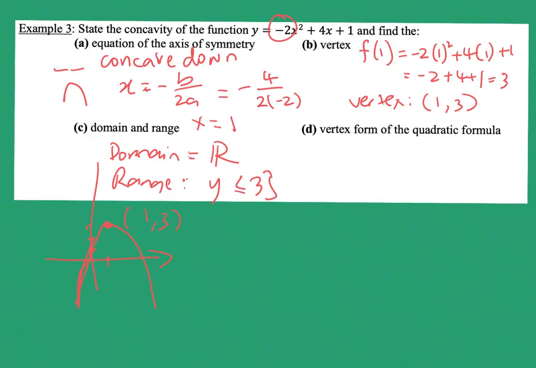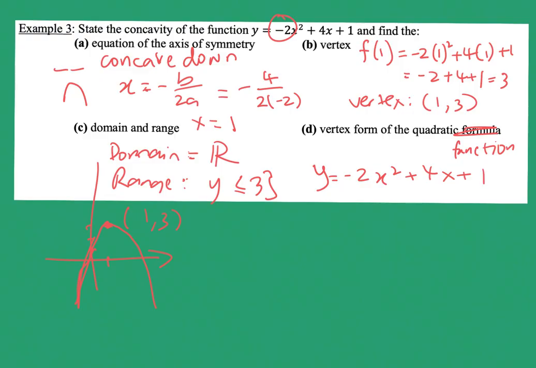And now I want you to find the vertex form of the quadratic function. So you want to practice completing the square. y is equal to negative 2x squared plus 4x plus 1.